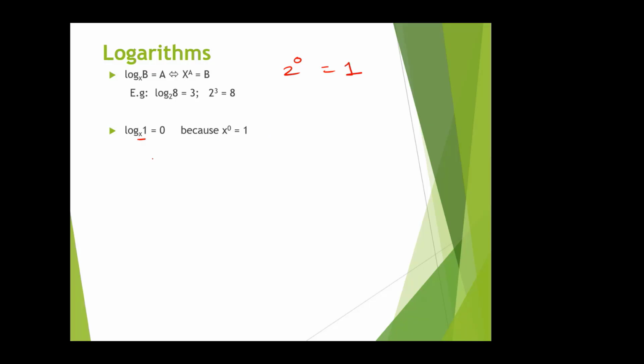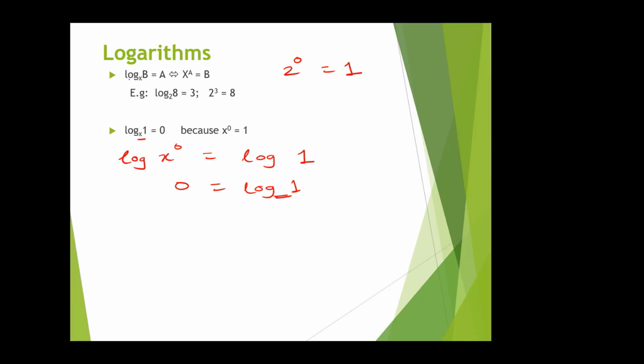In other words, if I take log of both sides, I get log of x raised to 0 is equal to log of 1. So if you take logarithms from both sides, you are getting 0 times log of 1.